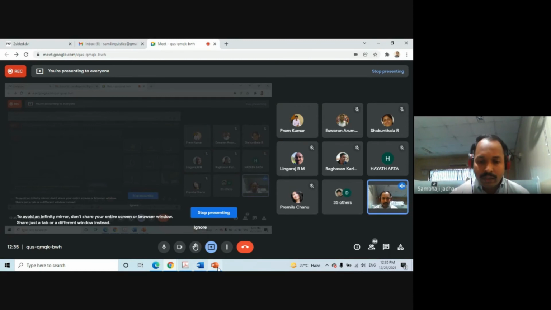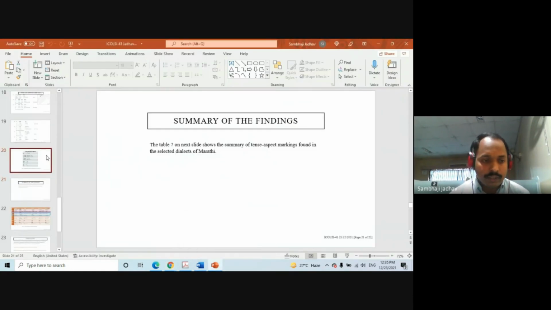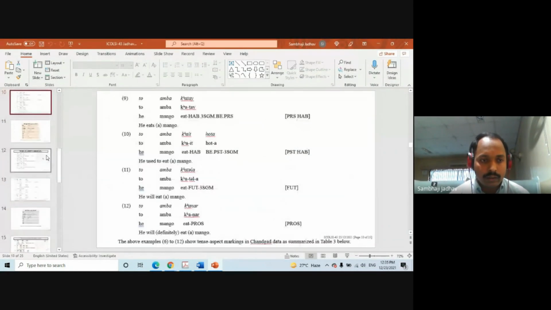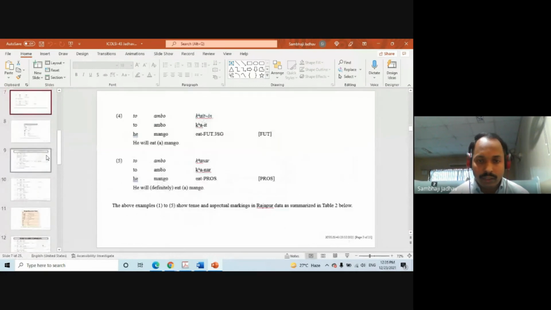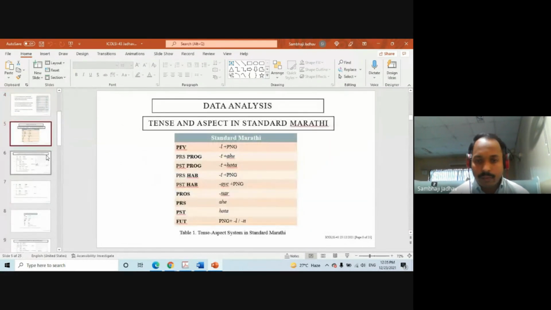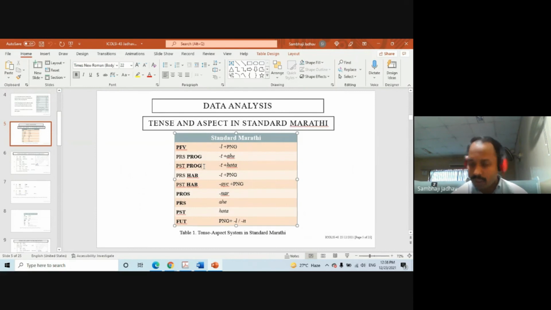Agreement is there. Let's take the standard: mi amba khalla hota versus mi kheer khalli hoti, where there is perfective marking, you get agreement with your object. In the progressive, mi amba khat ahe, ami amba khat ahot, you get agreement with your subject.